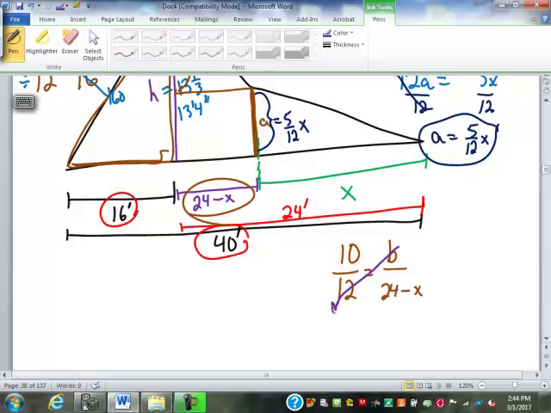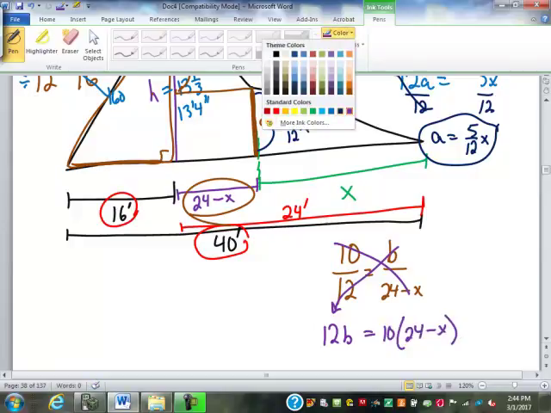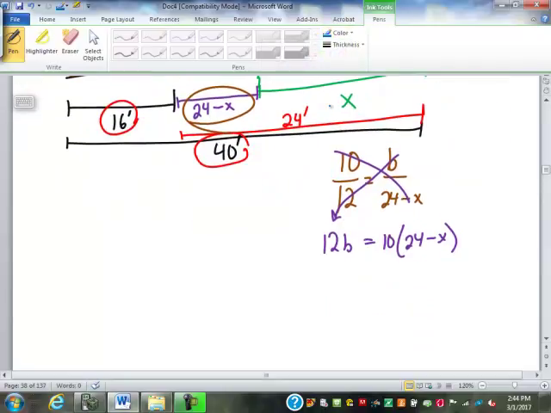We've got B times 12 is 12B equals 10 times 24 minus x. So the 12B here, 10 times 24 minus x, 10 times 24 is 240. 10 times negative x is a negative 10x.